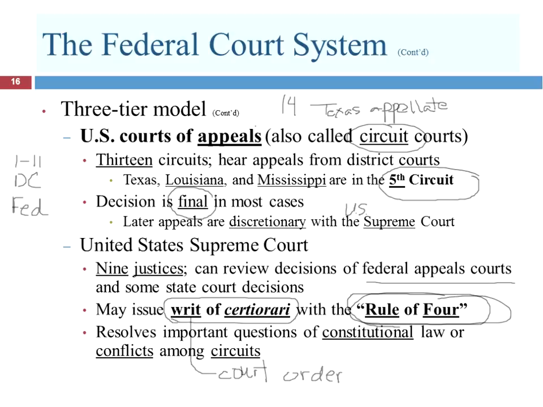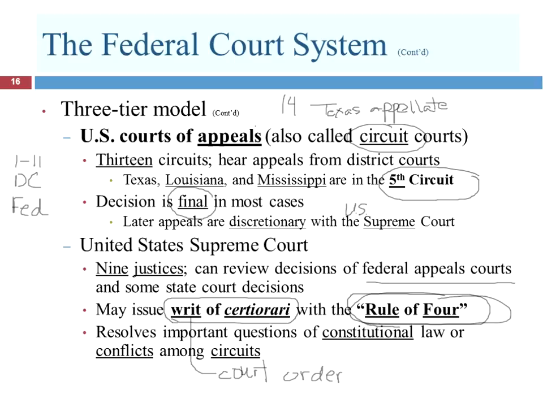Now, it might be that the 4 justices who decide that, yes, this case is meritorious and deserves review, each might have a different aspect that they find compelling. There might be one justice who thinks, I absolutely think that this person who lost in the Fifth Circuit was cheated, and I'm looking forward to overturning that terrible Fifth Circuit decision.